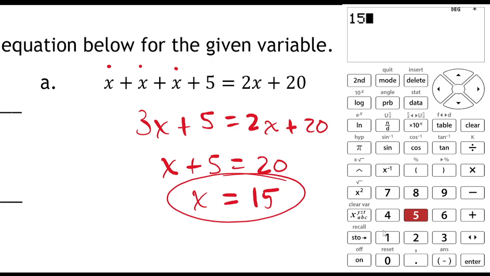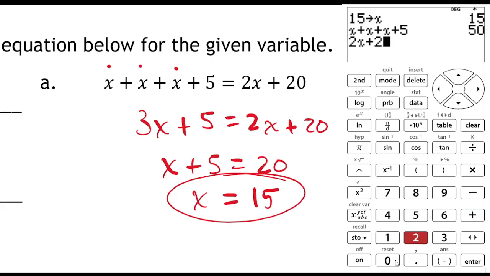So if I take the value 15 and store that as x, I can compare the left and the right hand side and make sure they're the same. On the left hand side, I've got x plus x plus x, which is clearly 3x, but I don't want to assume I'm right there. So I'll say then plus 5 more, and I get the number, boom, 50. On the other side, I have 2 times x, or I could have just typed 2x, and then plus 20 more.